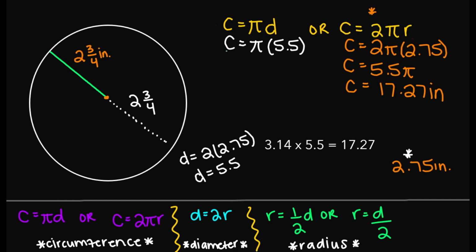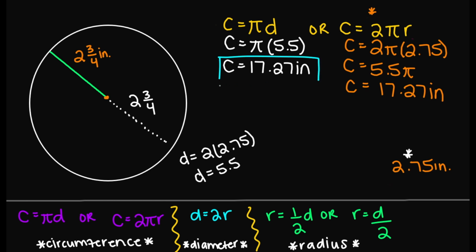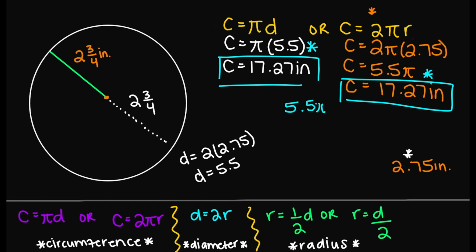And 5.5 times pi is also going to give you approximately 17.27 inches. So these are your estimations here, and these are your pi forms right here. In terms of pi, if you have to leave your answer in terms of pi, you're going to get 5.5 pi.